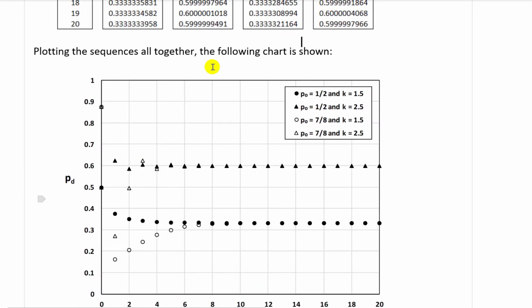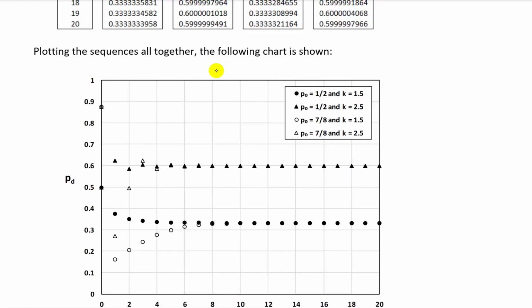So here I've plotted all of them together just to show what happens. So the circle is here, and this is P0 is 0.5 or 1 over 2, and K is 1.5. So it's right here. So notice how this one, I believe it goes like this, and it levels off there at 0.33.